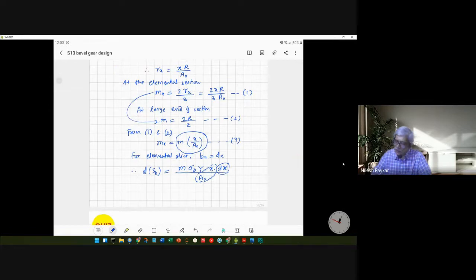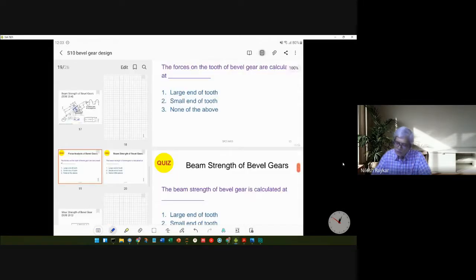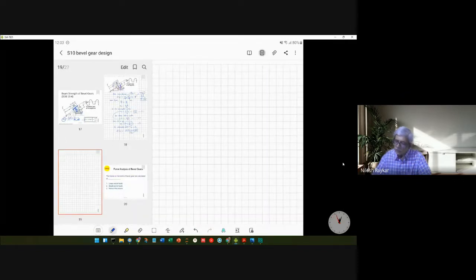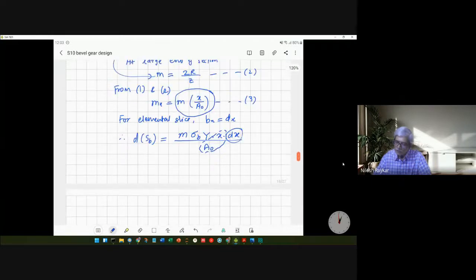So now the elemental torque. We got the maximum force that this slice can take. Now we'll find out how much maximum torque this particular slice can take. So elemental torque dMt would be equal to Rx multiplied by dSb.